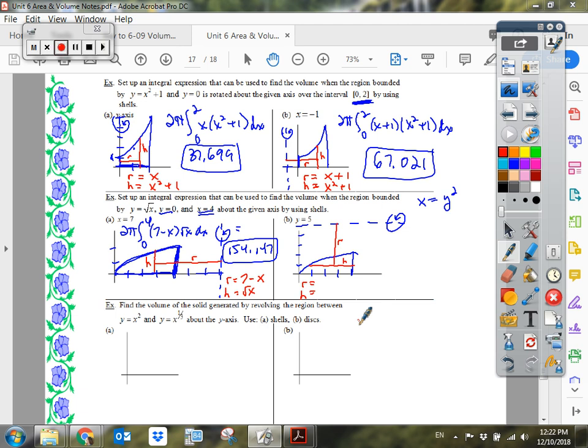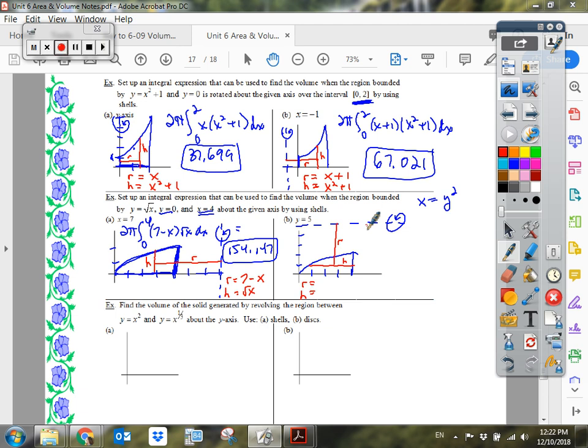Now we haven't done one yet on a horizontal axis, but it's really the same concept. If I am going from the axis up, the x-axis up, that distance is y. Right, measured from the x-axis up is y. If I wanted to know what this height was right here, I would just put a 1 in there and I would get my height, right? That would be my y value. So this is y.